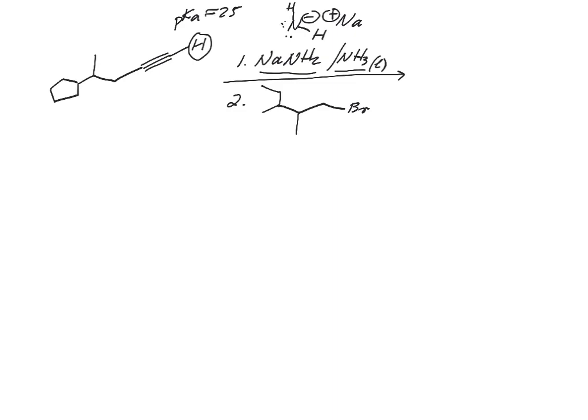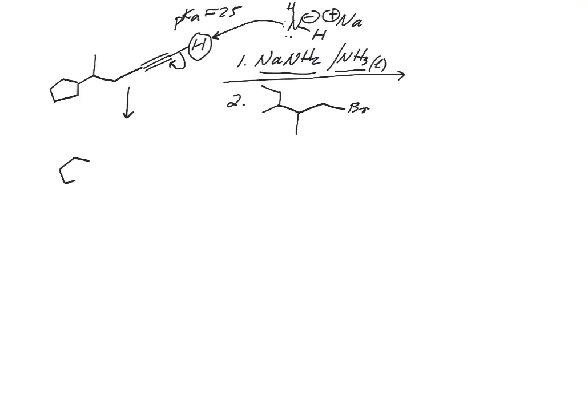As the bond forms between nitrogen and hydrogen, the sigma bond between carbon and hydrogen breaks heterolytically, with 2 electrons from that bond going onto the sp carbon atom.